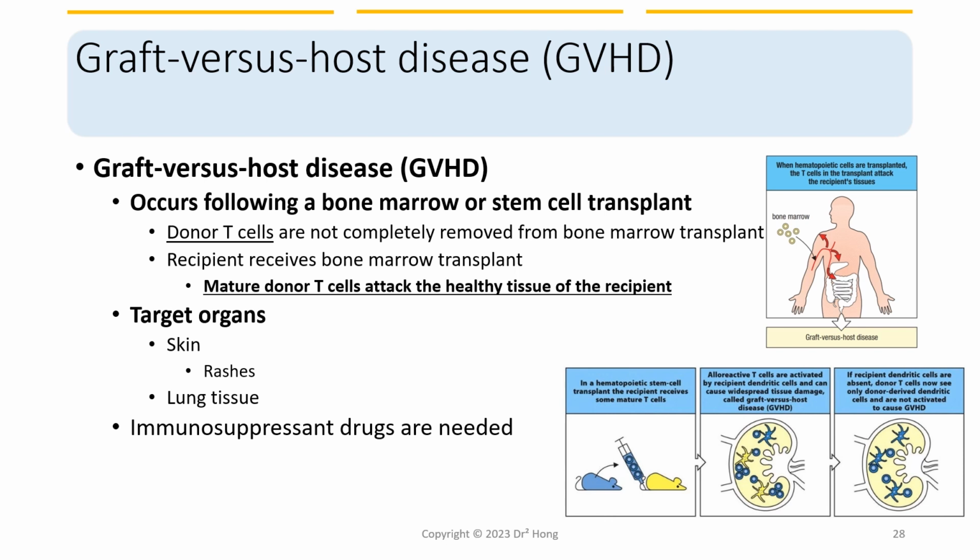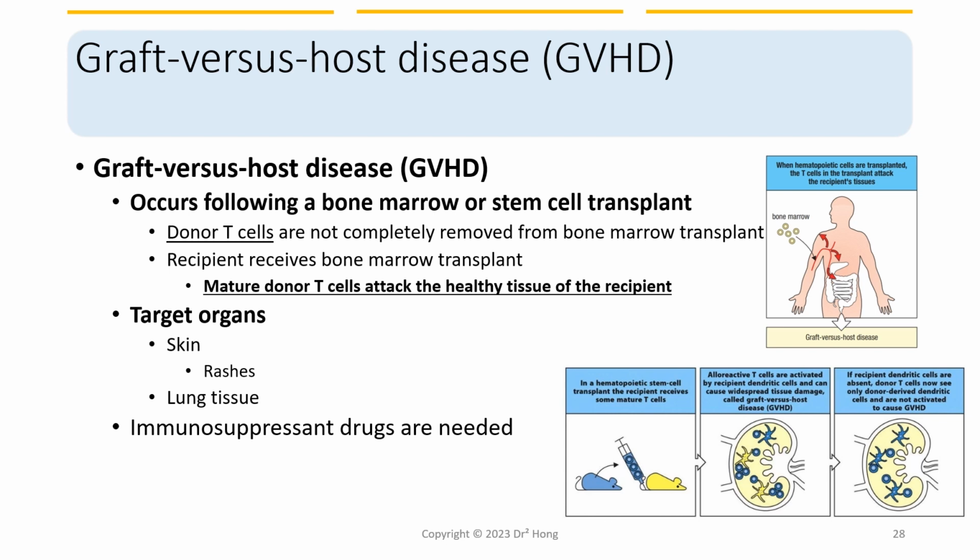When rejection happens with bone marrow, it is a type of graft versus host disease. It can result in donor immune cells attacking healthy recipient tissues. This happens when donor T cells are not completely removed from a bone marrow transplant.